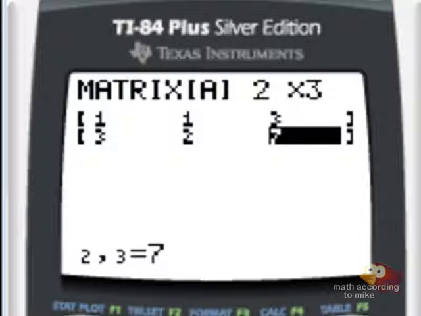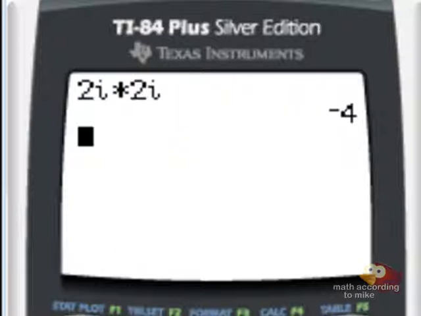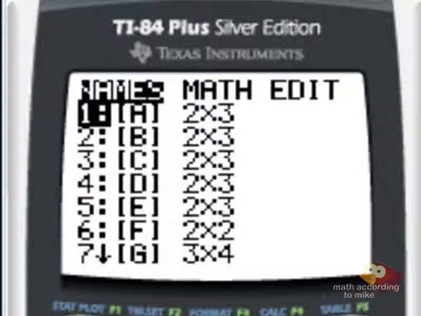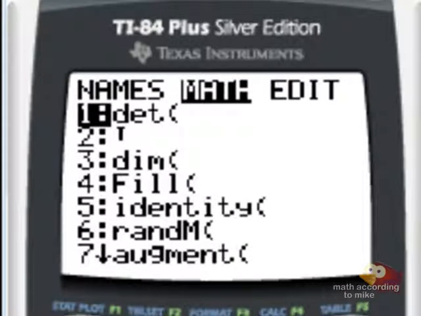It's a couple more steps within this menu here. We're going to go to second quit. We're going to go back to second matrix. We're going to scroll over once to math. You'll notice this first one here, DET.